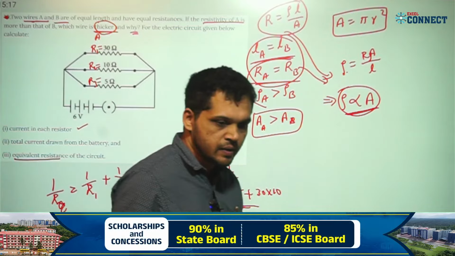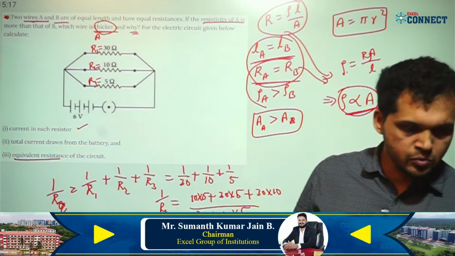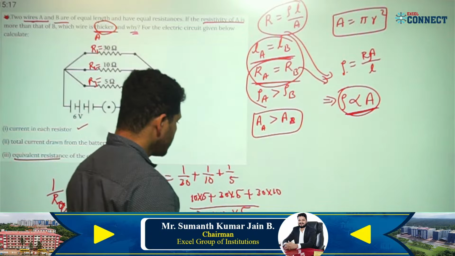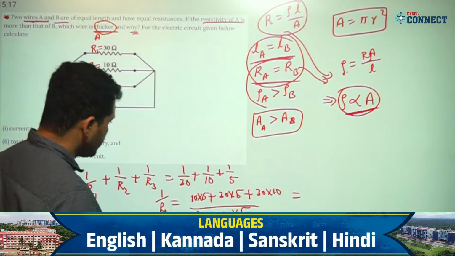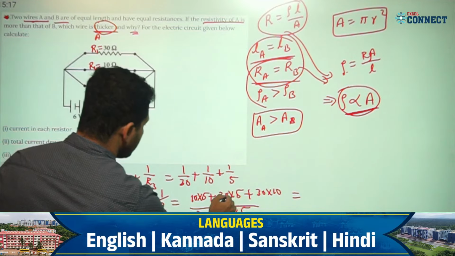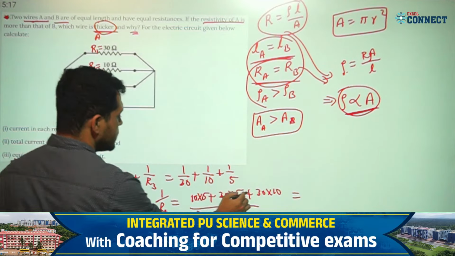Reverse this. Is it 3 ohm? Someone wrote 3 ohm. Is it correct? I'll find out first. 10 into 5 is 50, plus 30 into 5 is 150, 200.